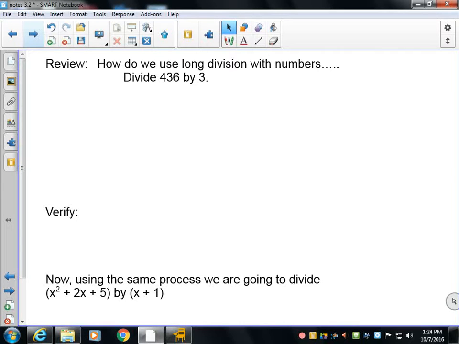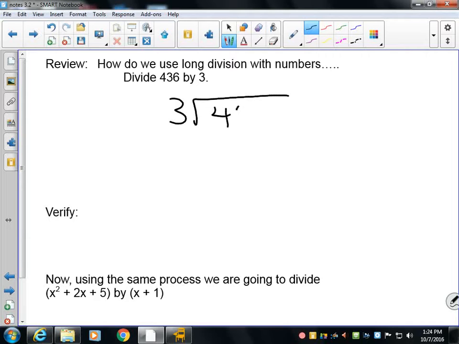463 divided by 3. So we put the 3 on the outside here, right? And then we put 436 underneath the root sign, right? Underneath the division sign. Then, how many times does 3 go into 4? 1 time.